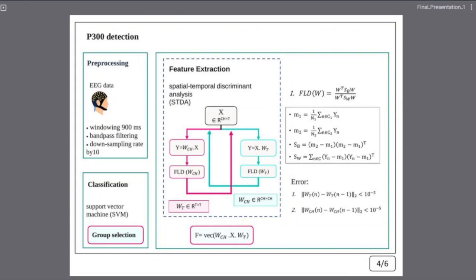Separability is measured with Fisher's criterion, which is defined as a ratio of the between class scatter to the within class scatter, as you can see in this equation, where SB and SW are the between classes and total within classes covariance matrices respectively, and are computed as follows.